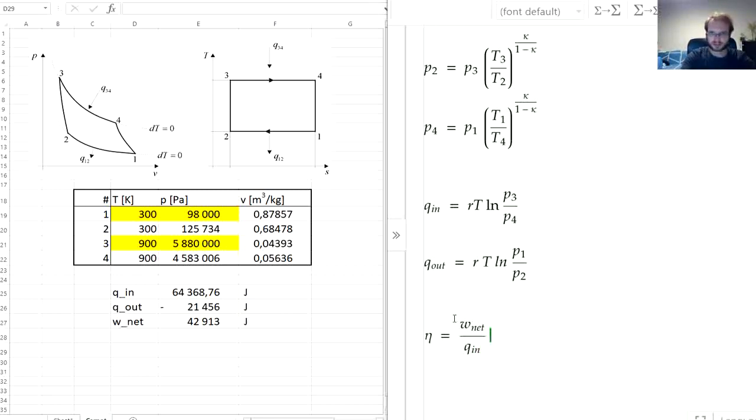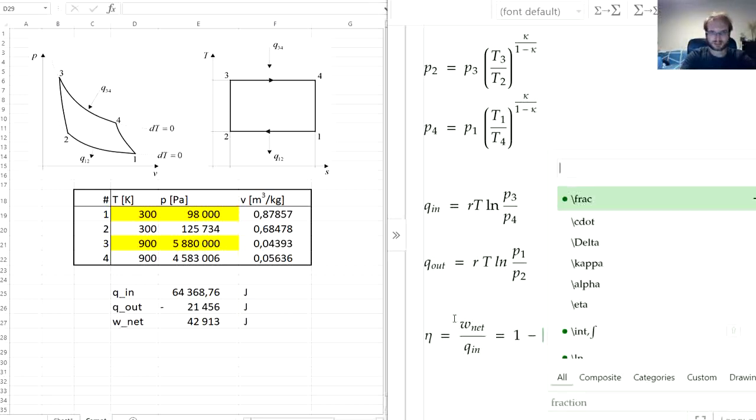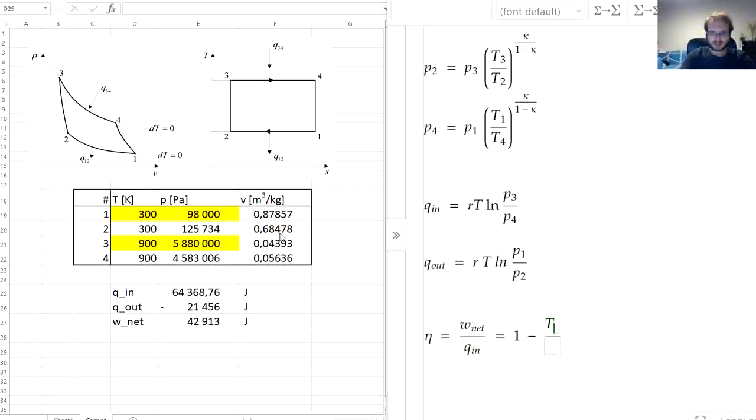And we have said also that the efficiency of the cycle should be 1 minus T1 over T3.